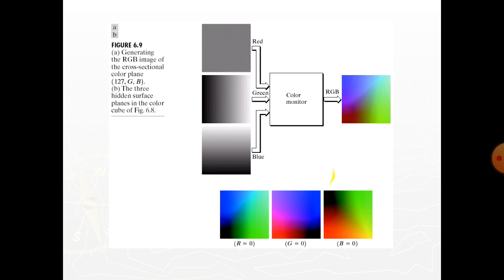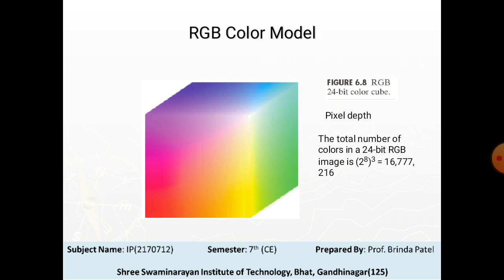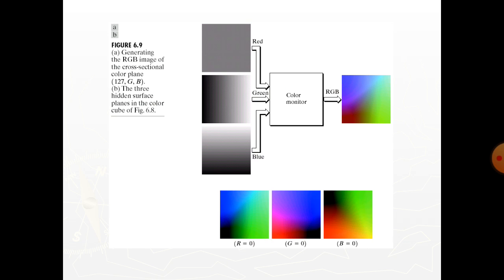This figure also shows the three hidden surface planes of the cube. It is of interest to note that acquiring a color image is basically the process shown here in reverse form. Color can be acquired by using three filters sensitive to red, green and blue respectively.